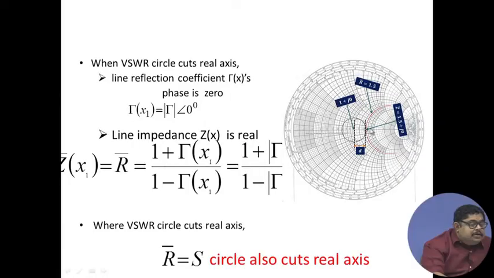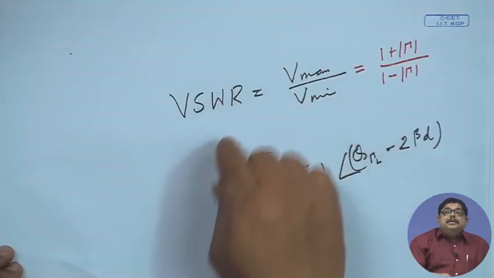So, that is why at the point where the VSWR circle cuts this real axis, both the line reflection coefficient and line impedance are real quantities. And now look at their value. Line impedance is R bar, but its value is 1 plus gamma by 1 minus gamma. Again, see our slide.